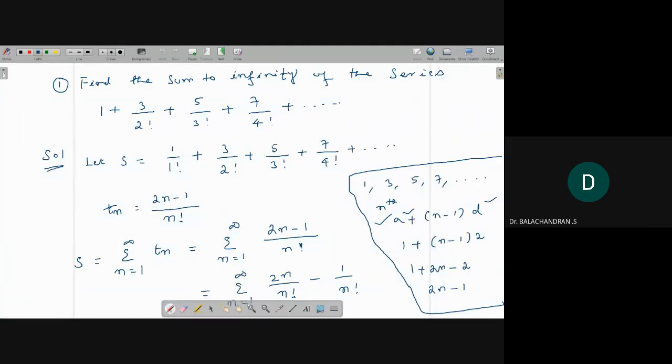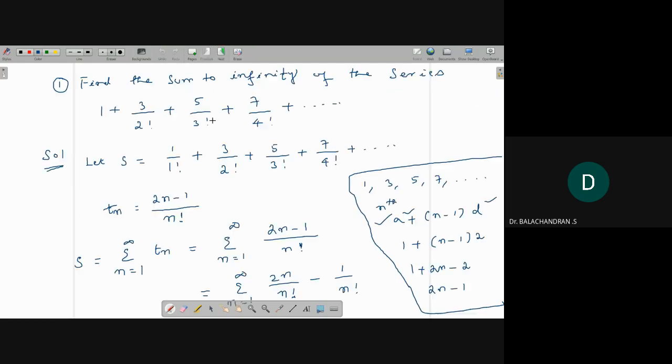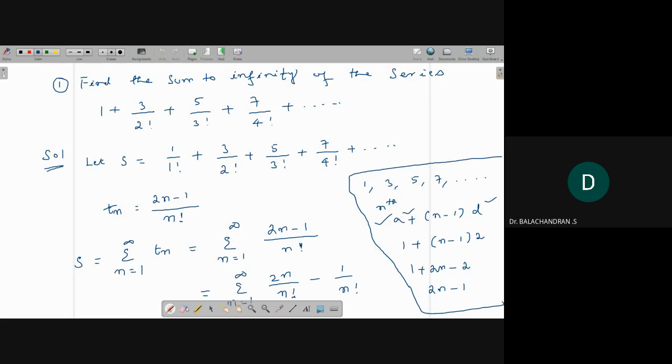So summation n equal to 1 to infinity, n by n factorial, minus, I think here I missed the summation. Summation n equal to 1 to infinity 1 by n factorial.